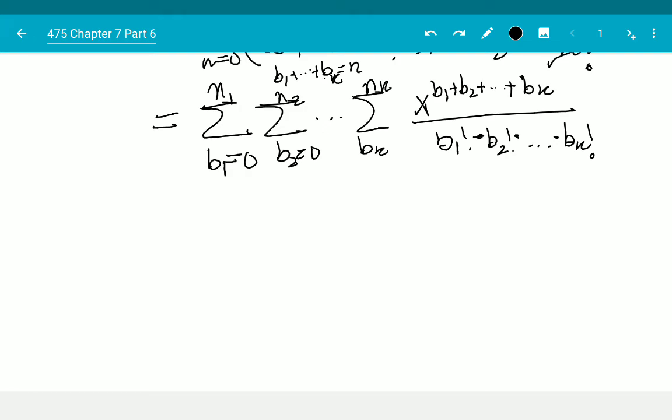what this allows me to do, writing it like this as a k-sum, is split it into different sums.